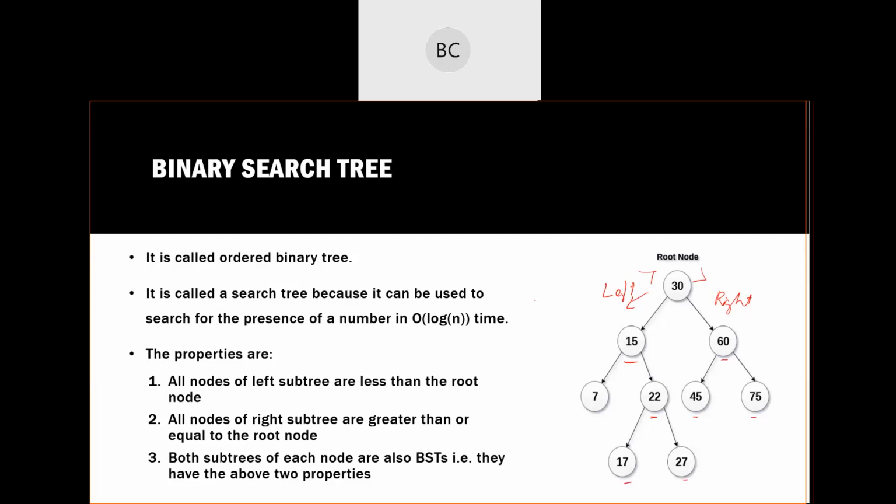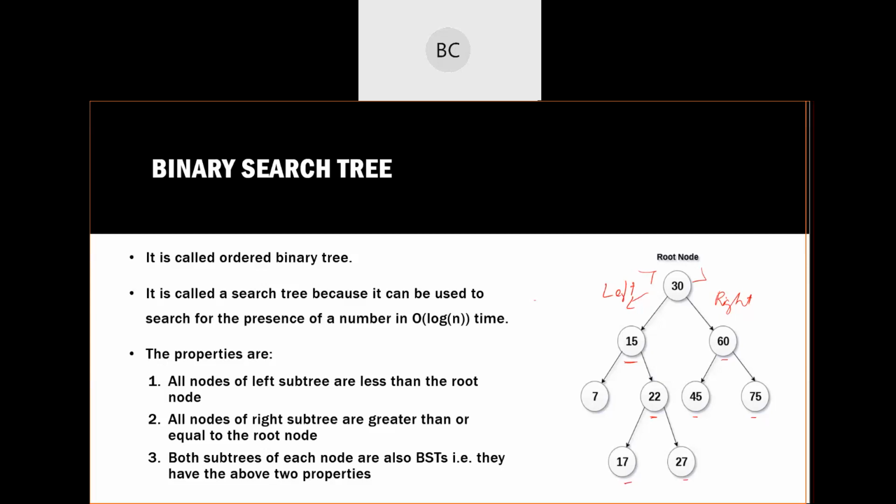So your searching should take log n time because you are completely discarding one half, and you can say your root node is the middle one. If you compare with the binary search searching technique, it's kind of similar. In binary search we divide an array into half, then either we go to the left half or the right half, right?